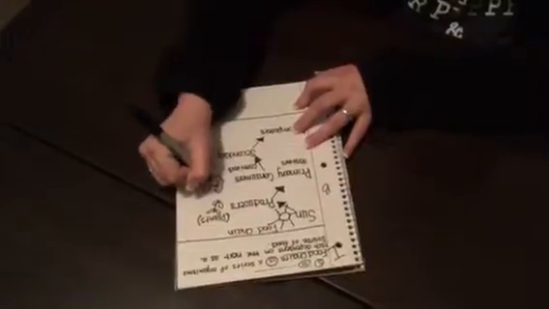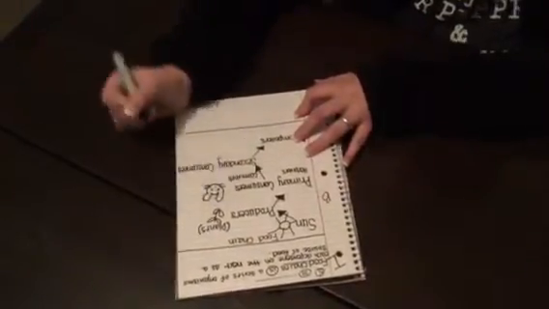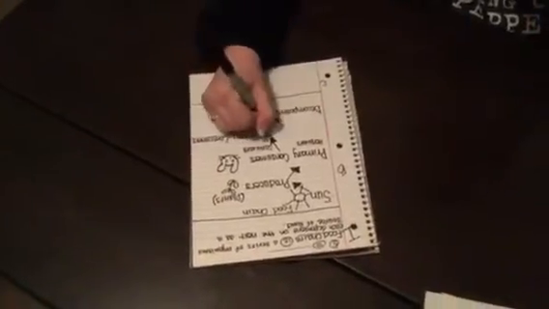And like I said, you don't have to be an artist. Just draw a picture to remember what primary consumers are. Then you have the secondary consumers, which are going to be your carnivores and your omnivores.